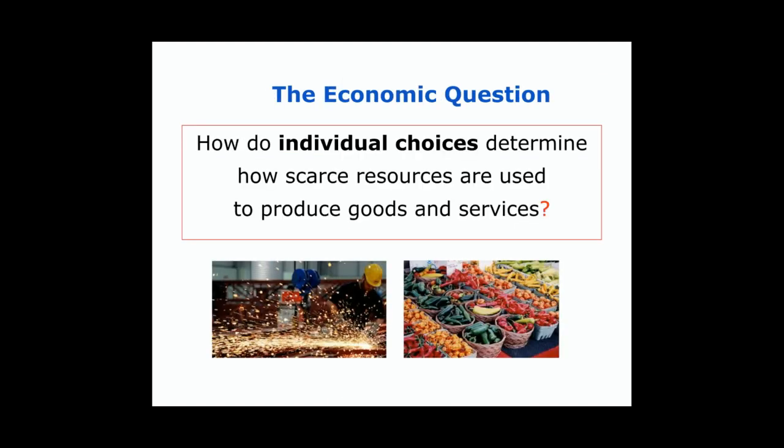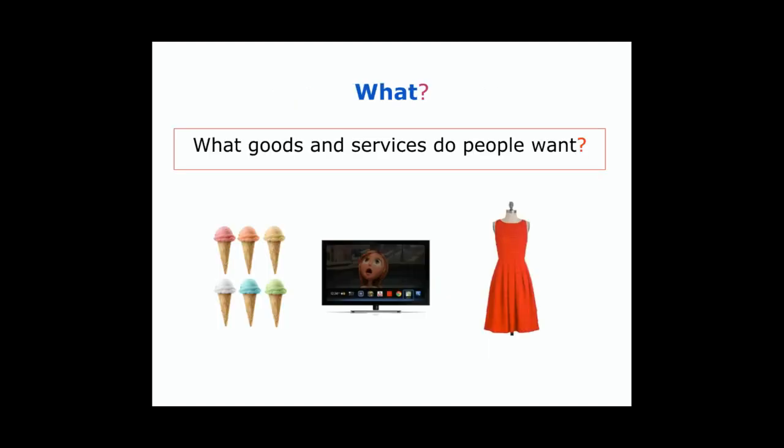Now, the economic question that arises, the one that we want to study, is how do the individual choices that people make determine how scarce resources are used to produce the various goods and services? Well, there's three important questions that have to be answered. The first is what products, what goods and services do we make? What are the goods and services that people want?